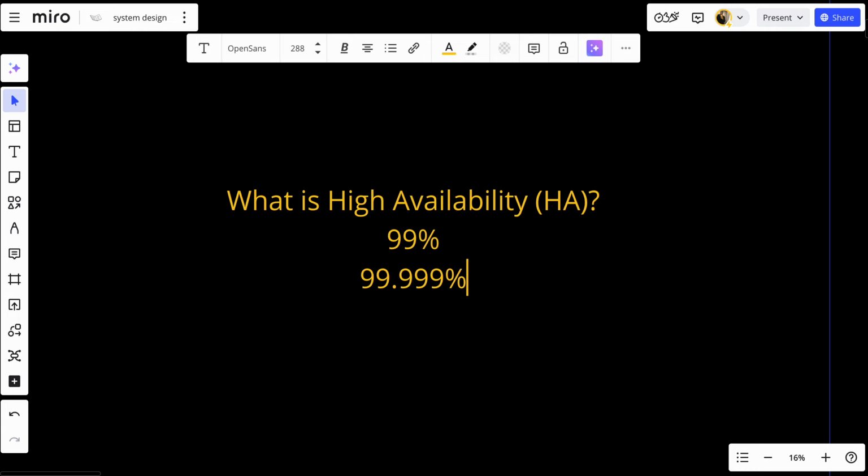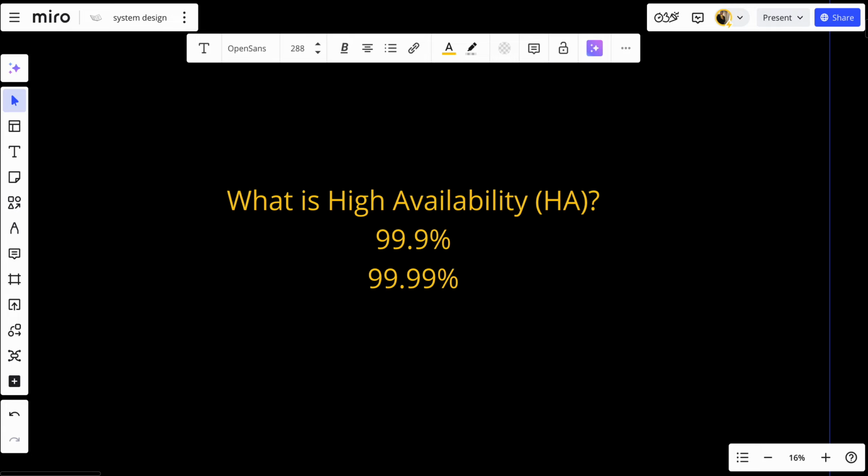These targets define how much downtime is allowed. For example, three nines means the uptime allows about 8 hours of downtime per year. A four nines system means less than an hour of downtime annually.